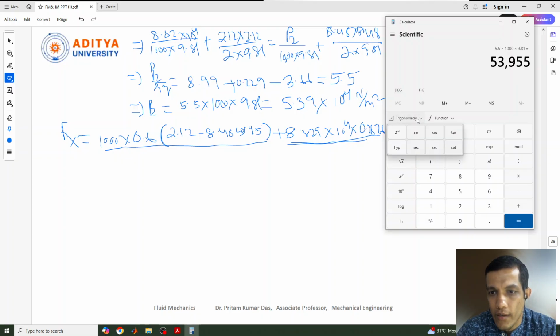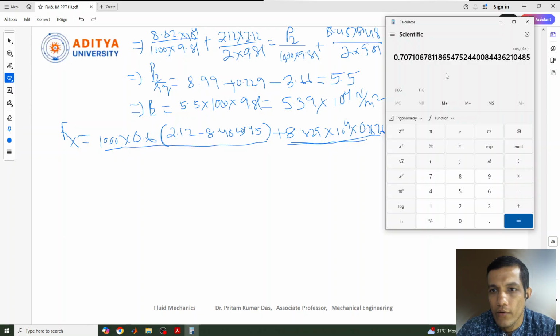If you want to find out cos 45, you need to give cos first, then put the value, and it will give you 0.707 into 8.48.